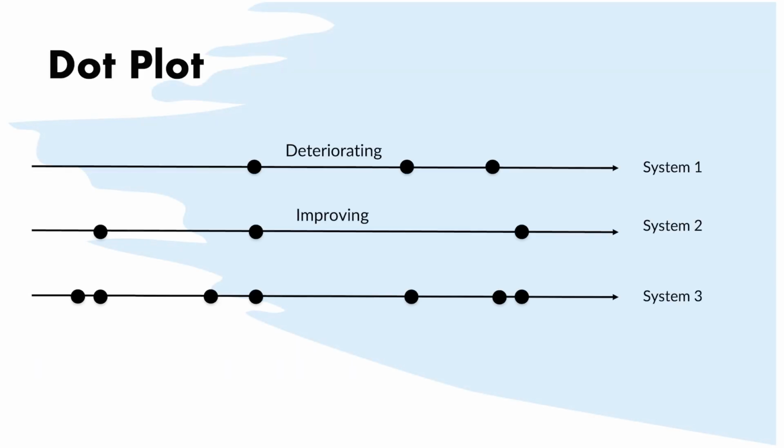By using a dot plot, we can quickly see if a system is deteriorating or improving. So for instance, system 1 is clearly deteriorating. The times between failures are getting shorter over time, while the second system is clearly improving because the times between failures are increasing. And you may ask, why would the system improve in terms of performance?